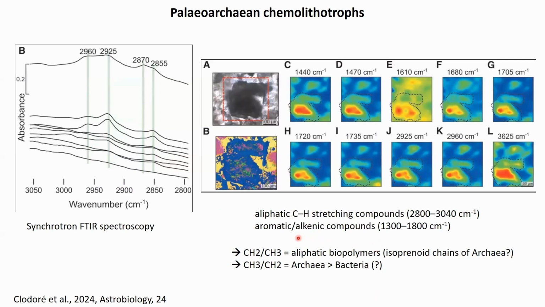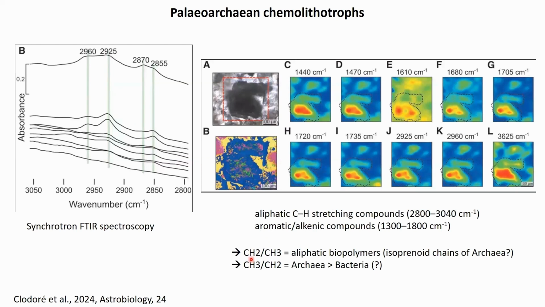Fourier transform infrared, as did Kieron, to look at the distribution of aliphatic CH stretching compounds, as well as the ratio of the various aromatic and alkenic compounds that are associated again with the organic carbonaceous matter that's here in green.